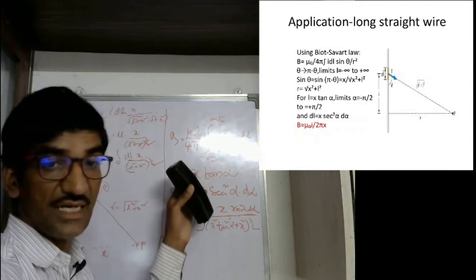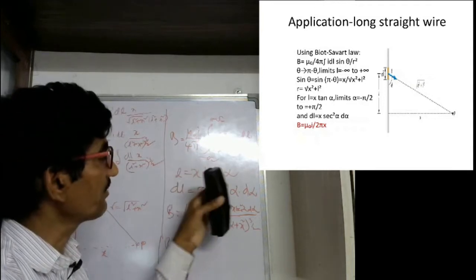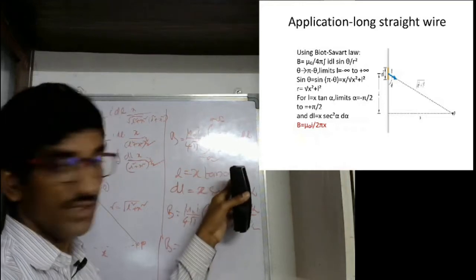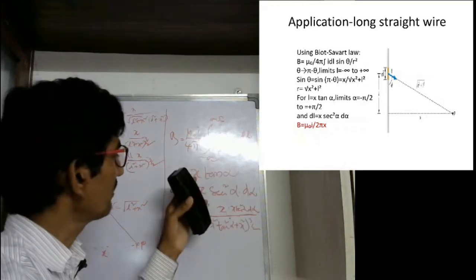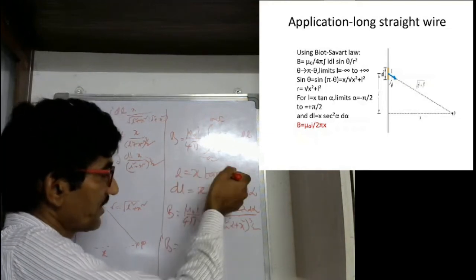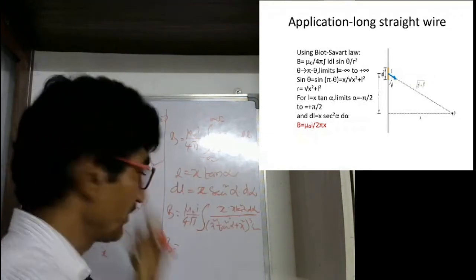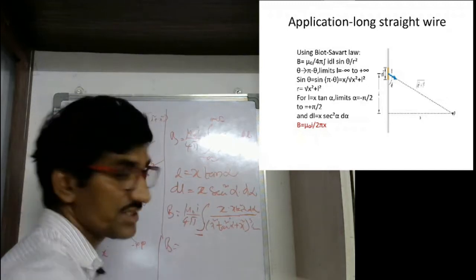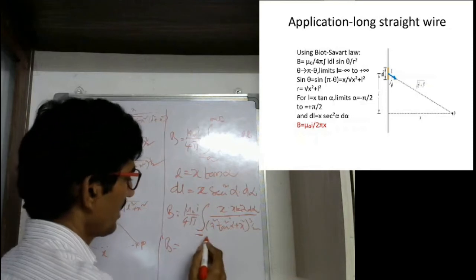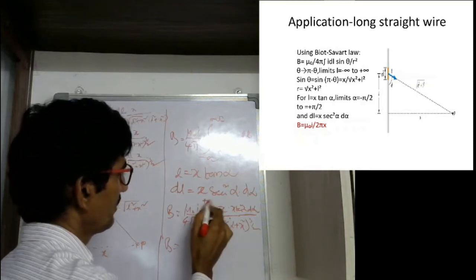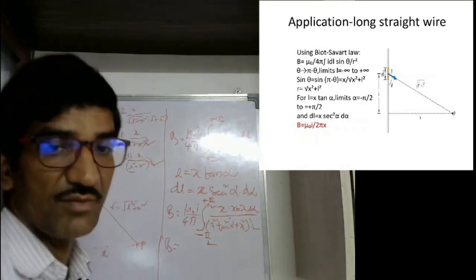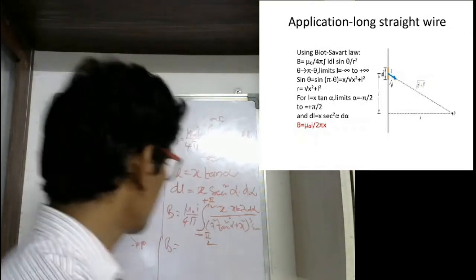Whenever L is equal to plus infinity, this alpha becomes pi by 2. Whenever L is minus infinity, according to this relation, alpha becomes minus pi by 2. So the limits of integration are minus pi by 2 to plus pi by 2. We are changing the variables, that's why we have to change the limits as well.